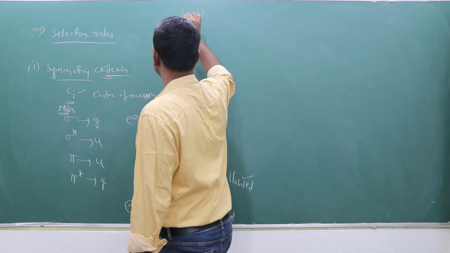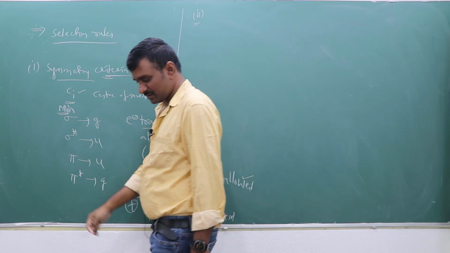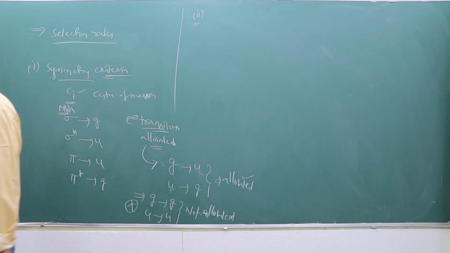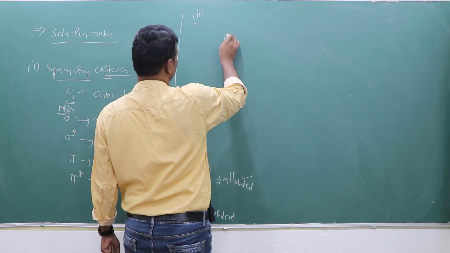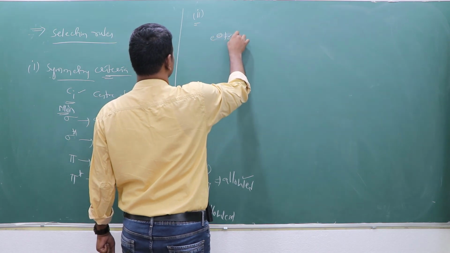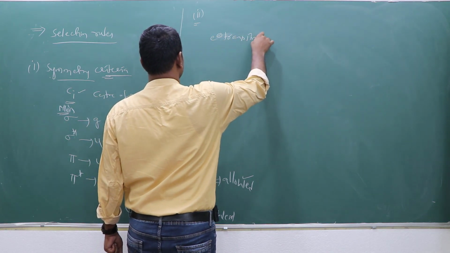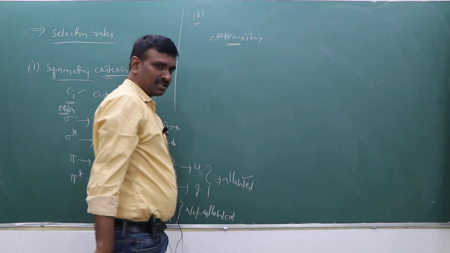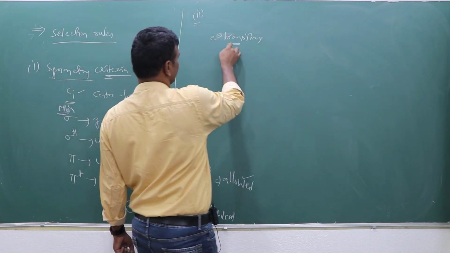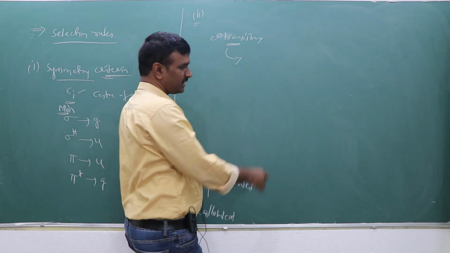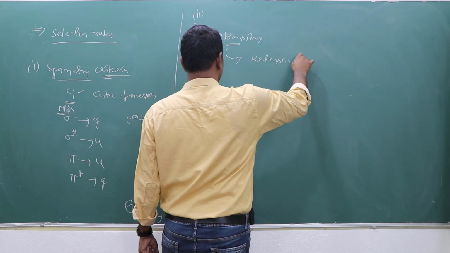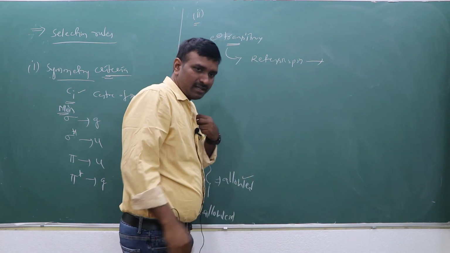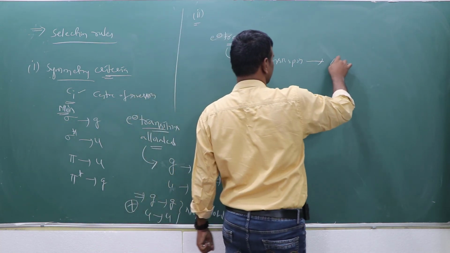Another one is based on the multiplicity criteria. If it is the same multiplicity, with retention of spin during the electronic transition, it is an allowed transition.